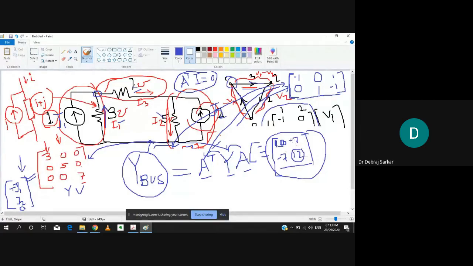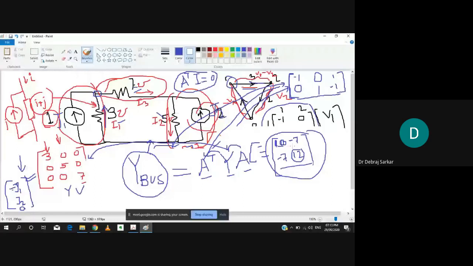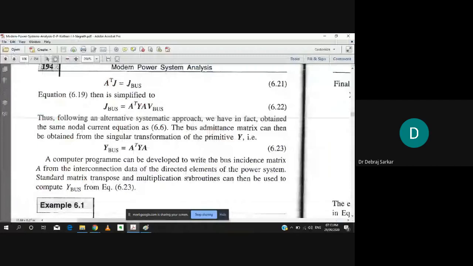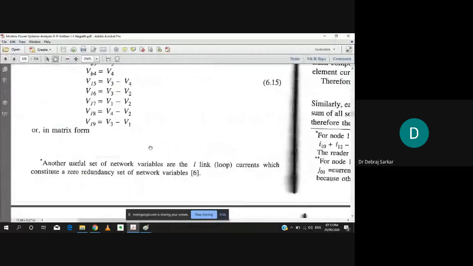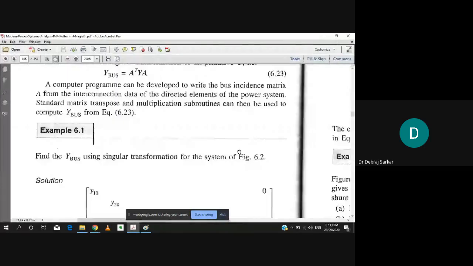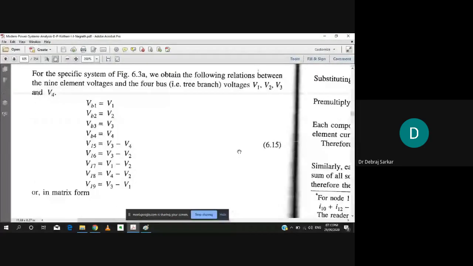And this is the transfer admittance, with a minus sign. So this becomes your Y bus matrix. Just for an example, figure 6.2.